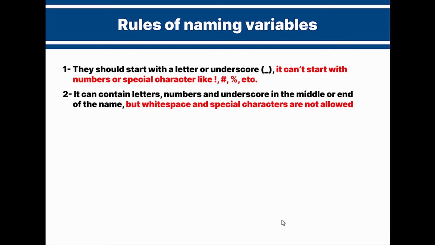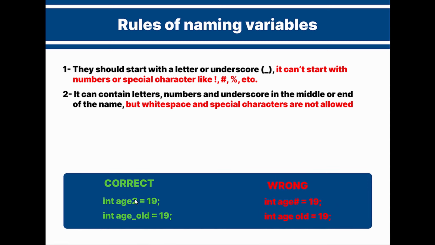Then the second rule is that a variable name can contain letters, numbers, and underscores in the middle or at the end of the name, but white space and special characters are not allowed. For example, H2 is correct because it doesn't contain white space or any special character, and it doesn't start with a number, but it ends with a number. But that's fine, even if there's a number in the middle of the name, that's also considered fine.